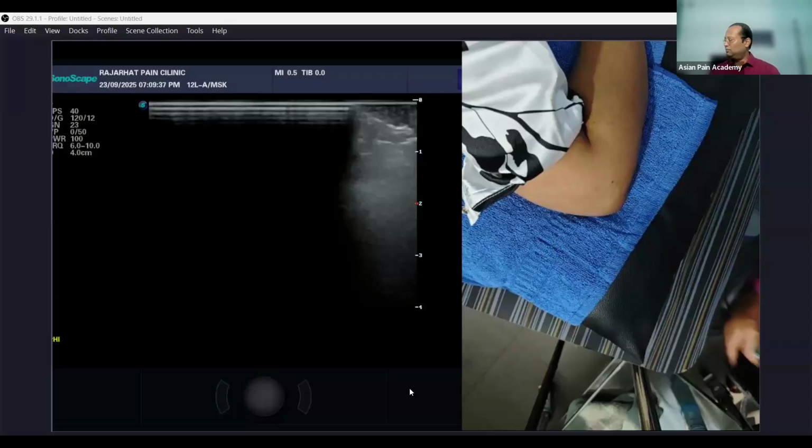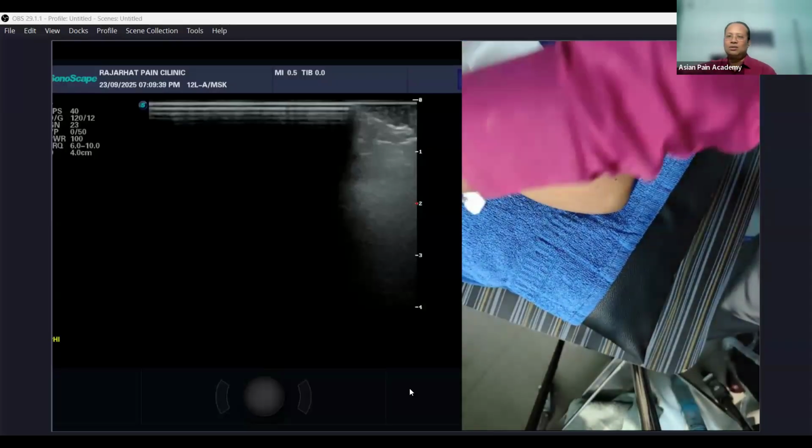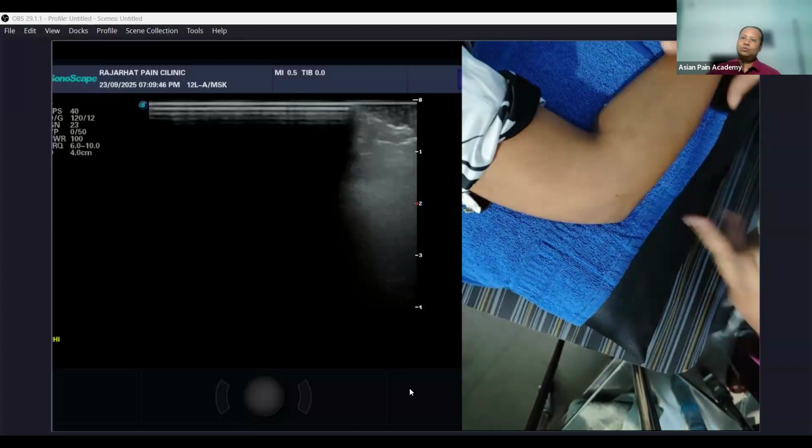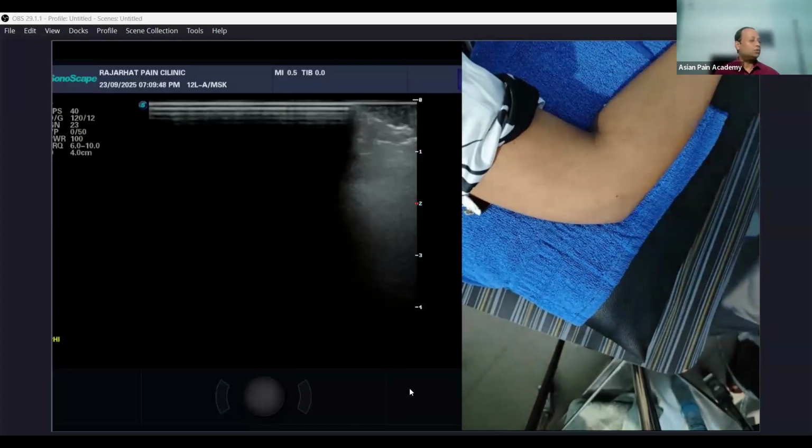Okay, so I will show the posterior side of the elbow. So here, the posterior part of the elbow is quite easy.